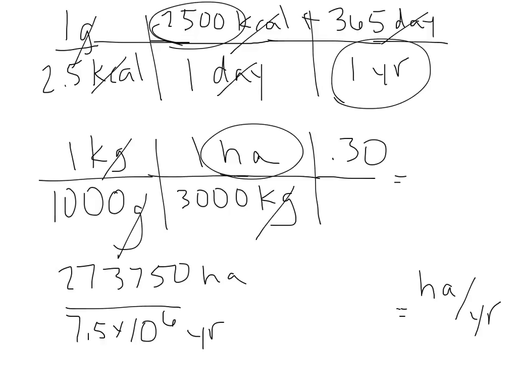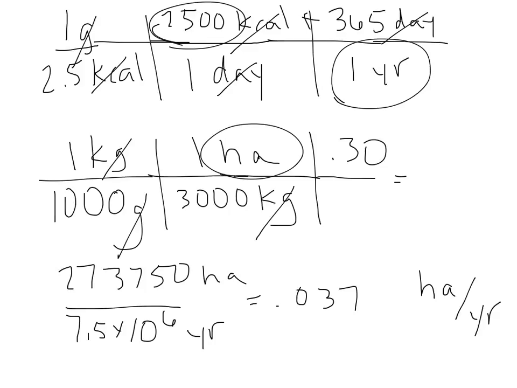And then the last step is obviously to divide those things. 273,750 divided by 7.5 times 10 to the 6. Okay, and that gives me 0.0365. I'm just going to round it off to 0.037 hectares per year. All right, and that's my final answer.